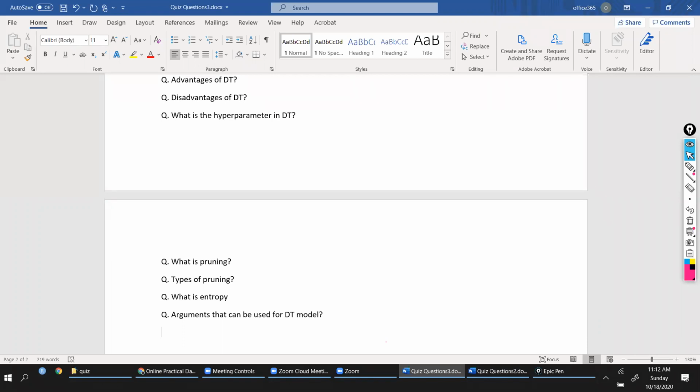Number of leaf nodes. Okay. So there are multiple variables. We'll start with depth, of course.